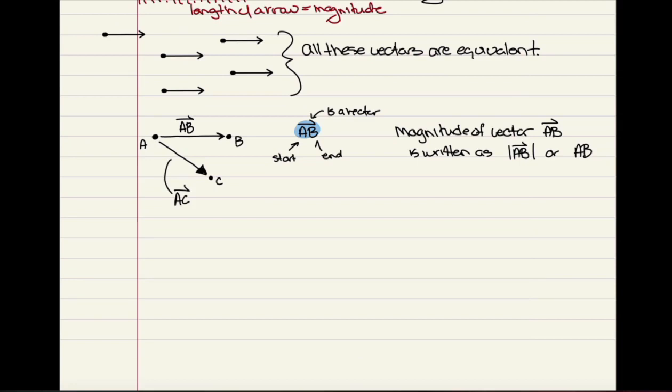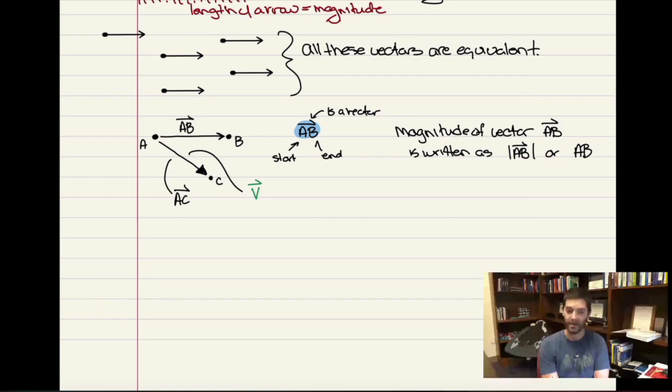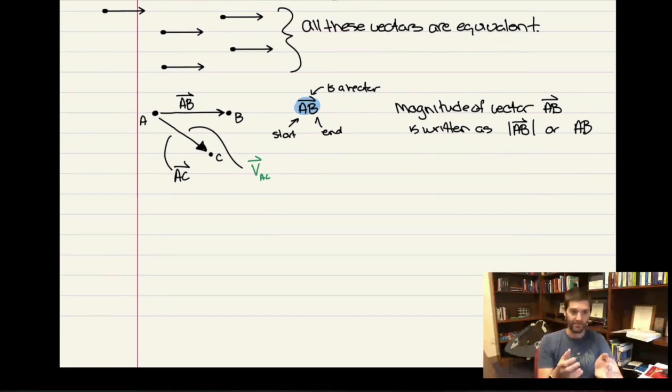If this were to represent a velocity, maybe you would write that as just V with a little arrow sign, which in the context is maybe obviously between A and C. Or maybe you write V with a little subscript AC or something like that. As long as it's clear from the context what's going on, that's really what matters. Otherwise, it's just symbols.